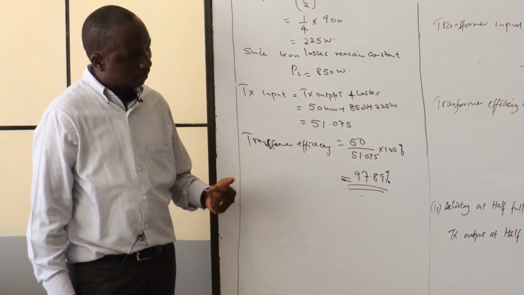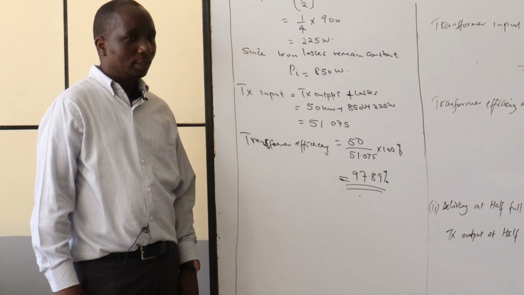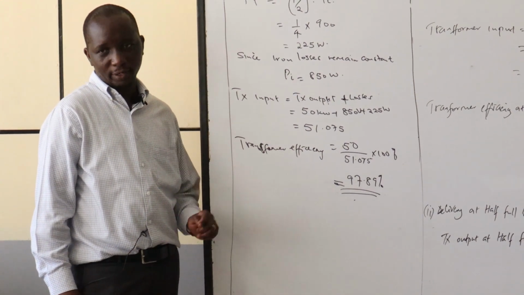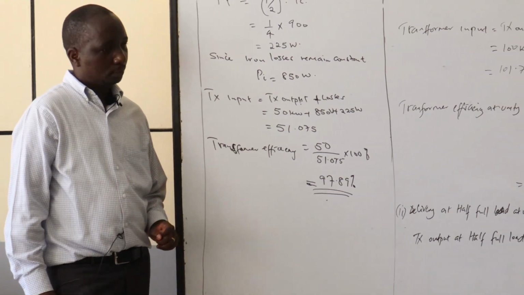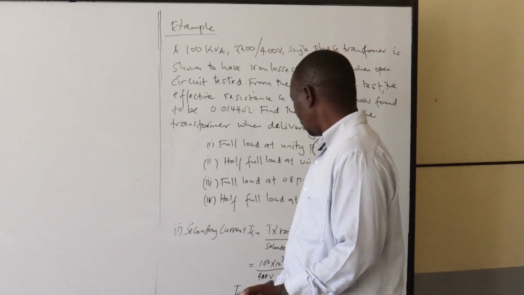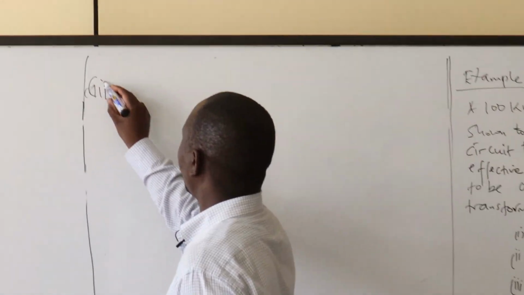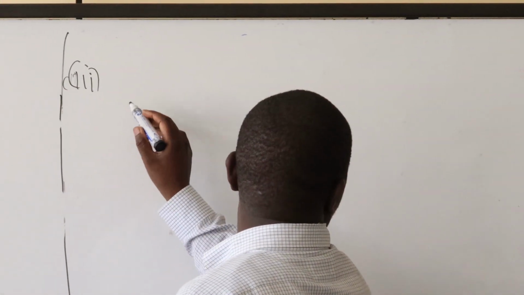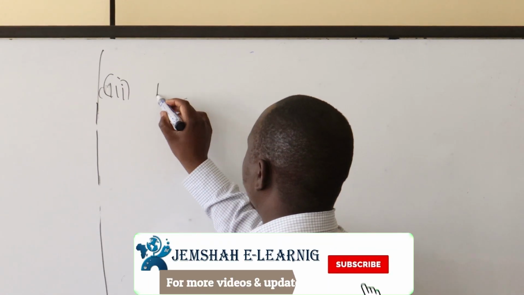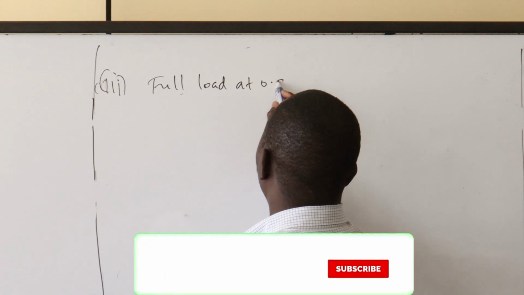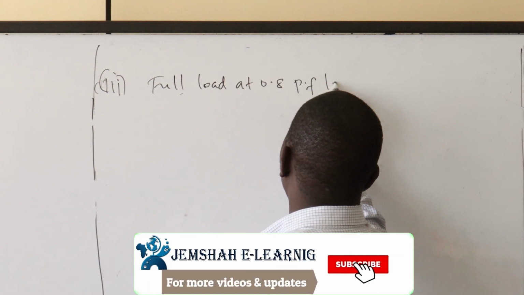So let us do part number 3 so that you understand what happens when you're given the transformer having a lagging power factor. So part 3 of this equation, the full load at 0.8 power factor lagging.